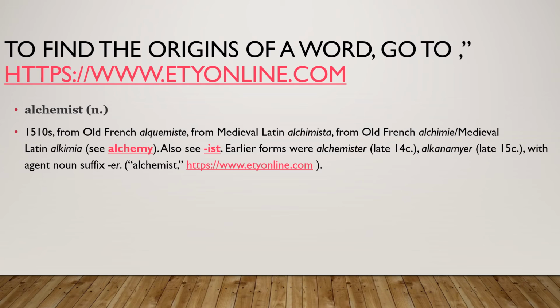Alchemista was the medieval Latin form. And the word alchemy is from alchemia. And then there are earlier forms of alchemist too. Alchemister, alchemier. Okay, and you can find out much more information about a word's history on the etymology dictionary online.